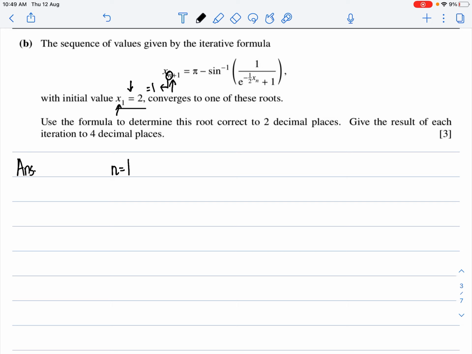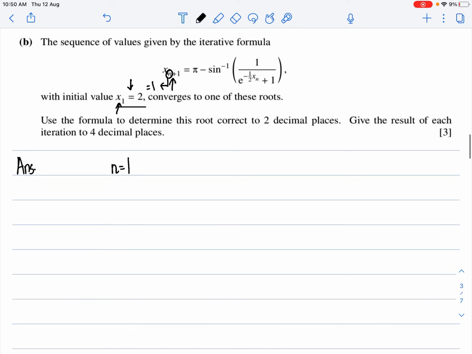So now you can write this as x1 plus 1, which is x2, which is equal to pi minus sine inverse of 1 divided by e raised to minus half into x1, because n is equal to 1, plus 1.